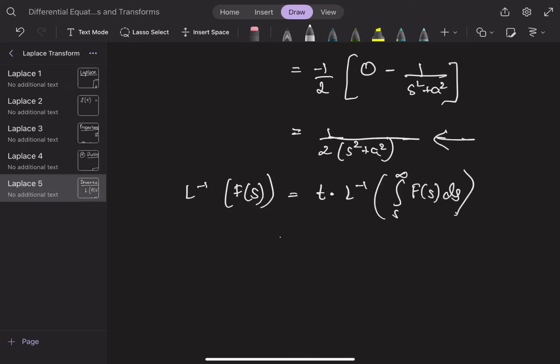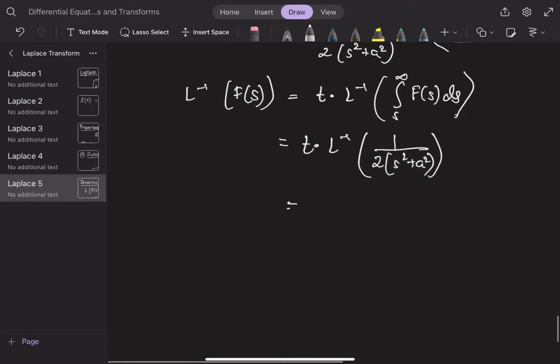So this is t times Laplace inverse of 1 divided by 2(s square plus a square). So this is t into 1 by 2 into 1 by a sine at. So your answer becomes t by 2a sine at.